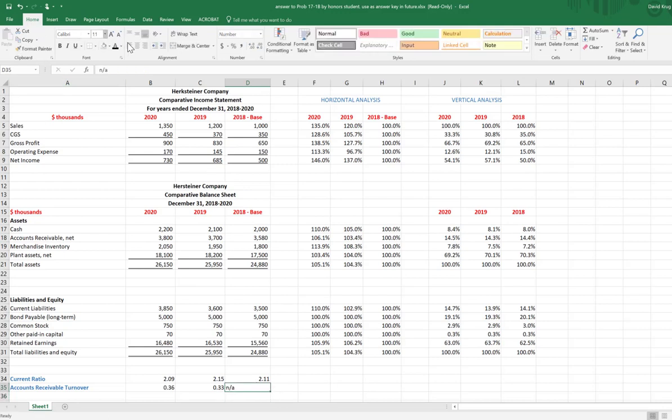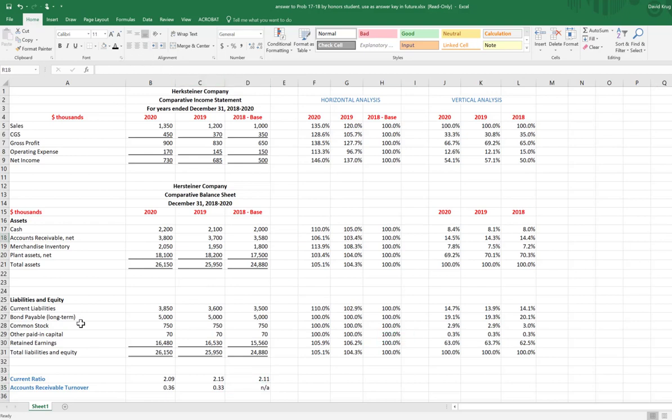Can't do that because I don't have this year's data. I cannot figure out 2018 accounts receivable turnover because it requires the 2017 accounts receivable ending balance, and I can't do that. Okay, I'll go ahead and right align this.